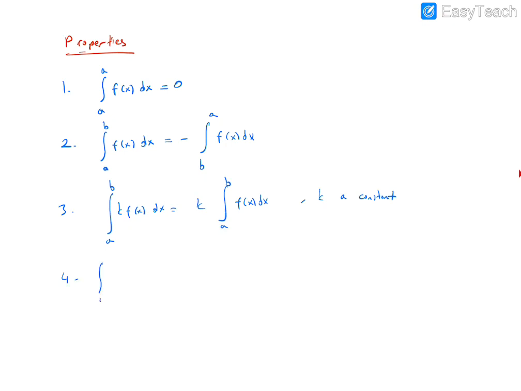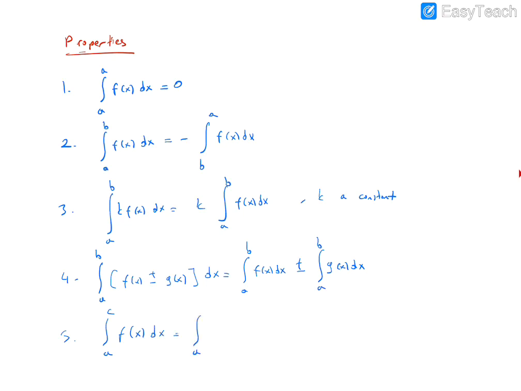The fourth property: the integral from A to B of the sum or difference of f of x and g of x dx equals the integral from A to B of f of x dx plus or minus the integral from A to B of g of x dx. And the last one: the integral from A to C of f of x dx equals the integral from A to B of f of x dx plus the integral from B to C of f of x dx.